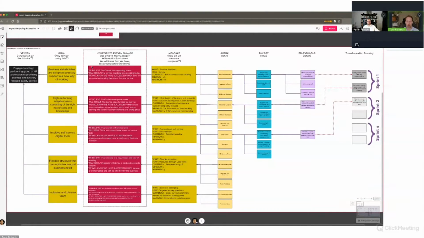And why that was important was it meant they understood why they were doing this, and it meant that their convictions to change were greater. So what we found was by doing this, there was a huge amount of engagement and a sense of ownership in the whole impact map. It was unexpected, but that's what I found doing this. So we added this in within the goals as a sort of connection in there.